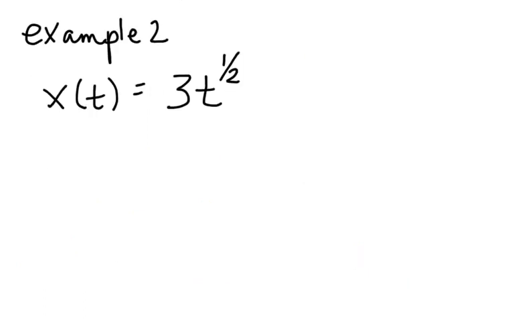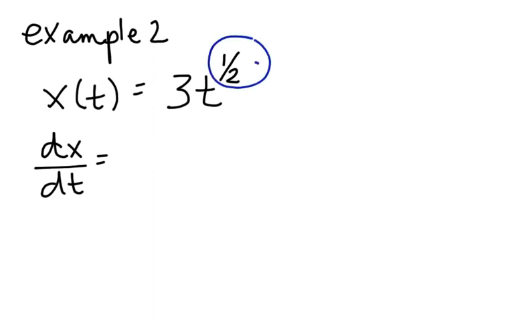So we have a new function here. Our position as a function of time is equal to 3t to the 1/2. And so what is the instantaneous velocity? Well, first thing we need to do is take the derivative, or the dx over dt. And what we're going to do is bring the exponent of 1/2 to the front, so that'll be 1/2 multiplied by 3t.